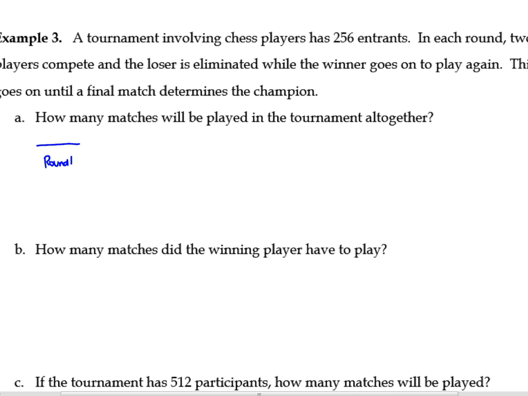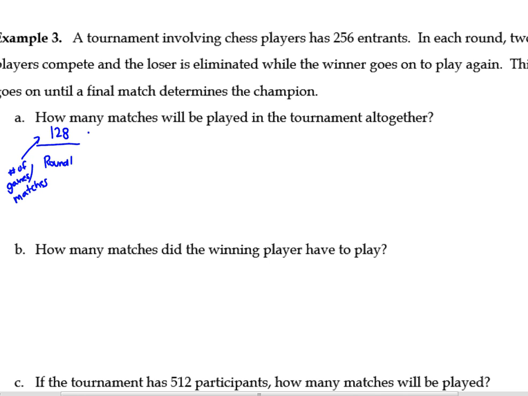If there's 256 people, how many games will be played at once? You need 2 people to play a game. 128. So this is the number of games or matches. A match is the same thing as a game, right? 2 people need to play them.